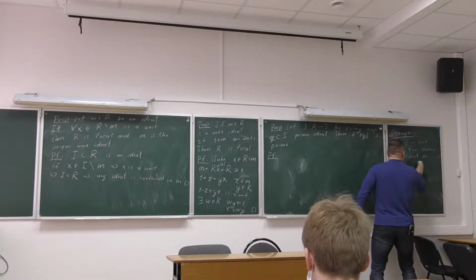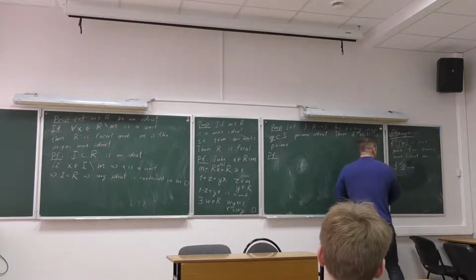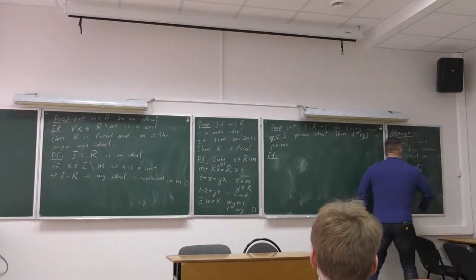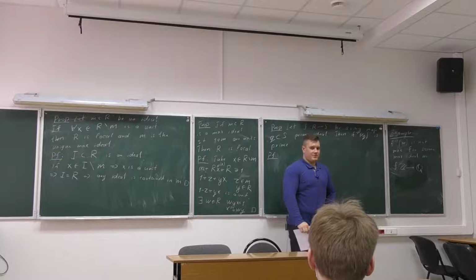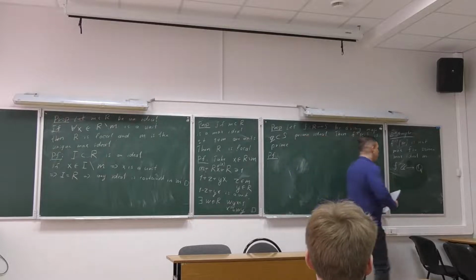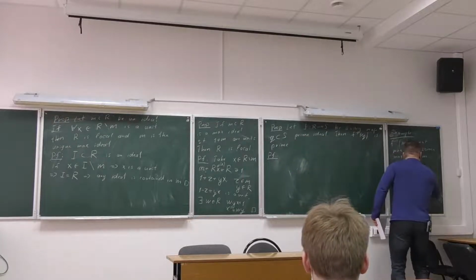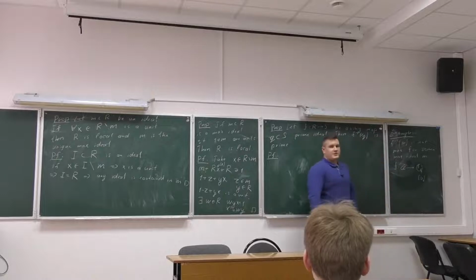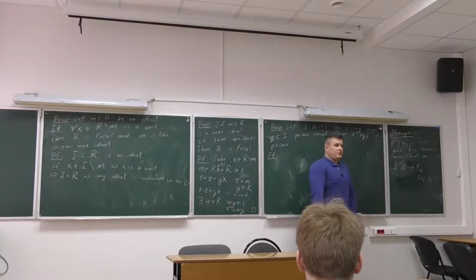What if you just take the embedding of the integers into the rationals? Well, this is definitely a ring map. But in the rationals, you have the zero ideal, which is a maximal ideal. But the preimage of the zero ideal is the zero ideal.